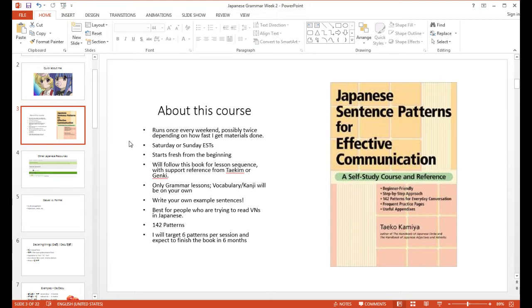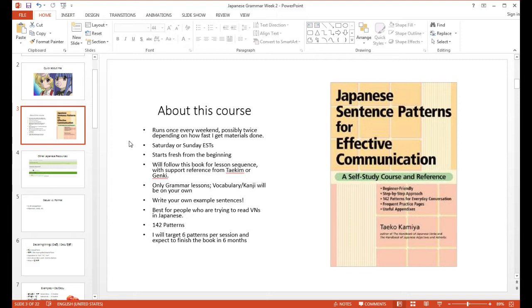For example, it teaches you the direct object particle wo very, very late. If I was doing it with my order, I would teach that right away. But this is only a grammar lesson. I'm gonna experiment around with how I show you guys the example sentences.